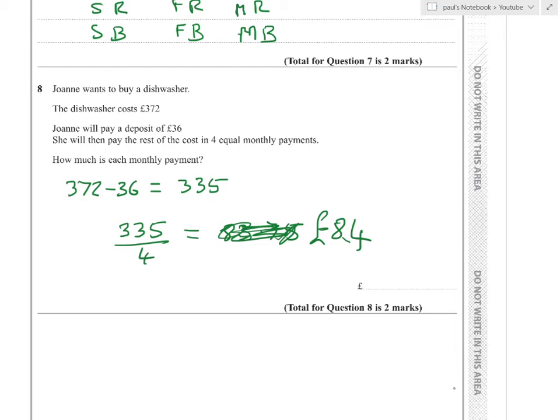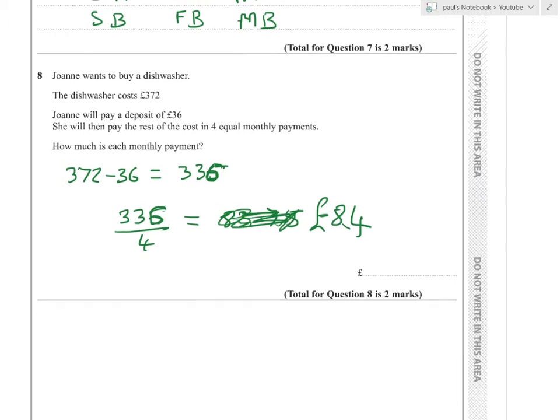So it's 84. So 372 take away 36 is 336. That's where I got that wrong. I must have written that down wrong. 336. Okay. So you see how easy it is to make mistakes, no matter how many times you've done these things before.